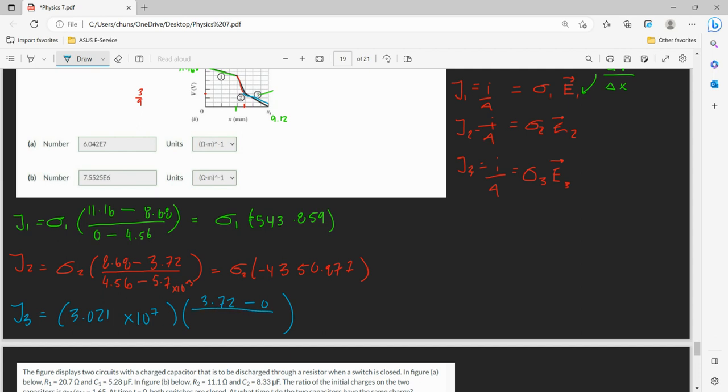And this is from 5.7 down to 9.12. Okay, so this is 3.72, that's divided by 5.7 minus 9.12.